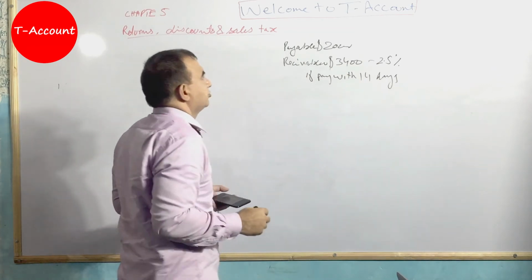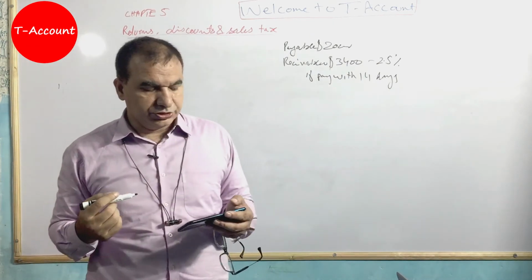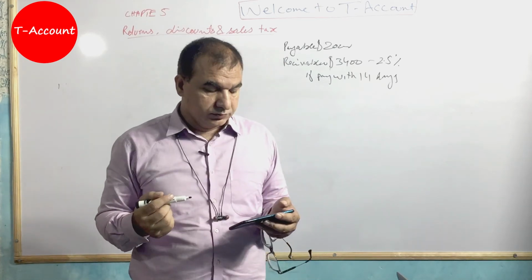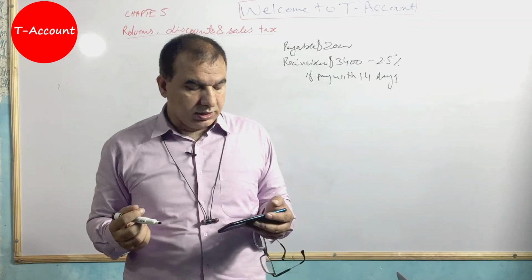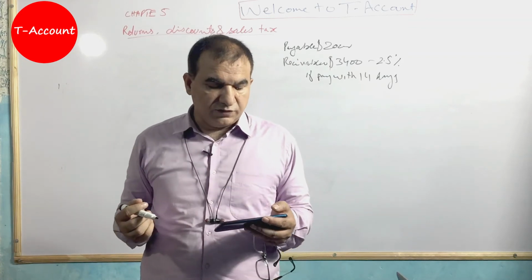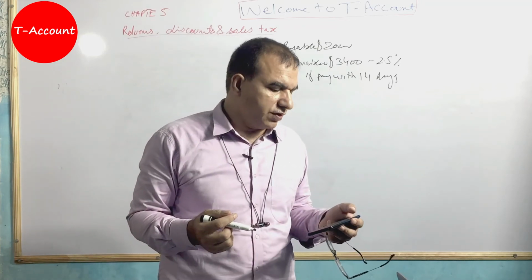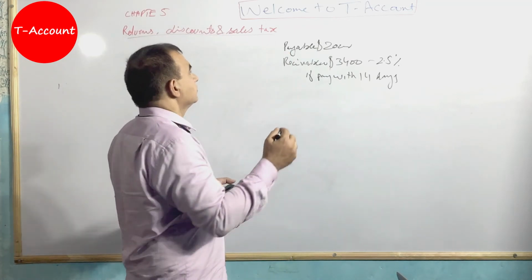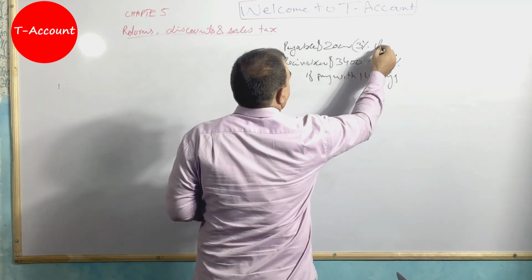So that is George's policy. What is Herbie's policy? Herbie is George's supplier. Herbie has offered George a cash discount of 3% if paid within 10 days.